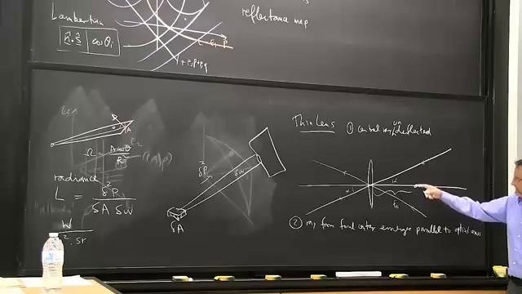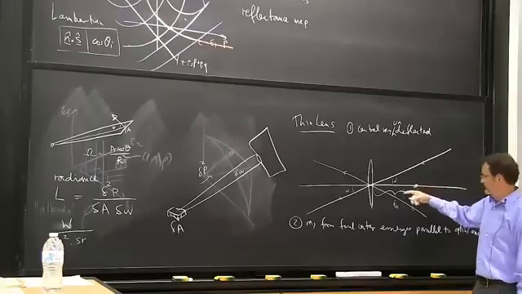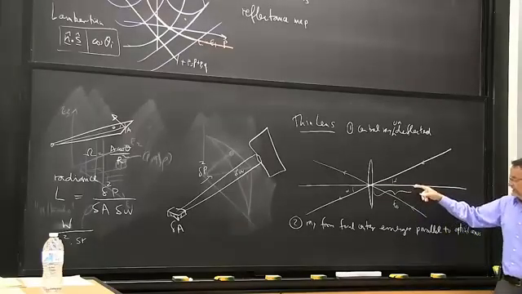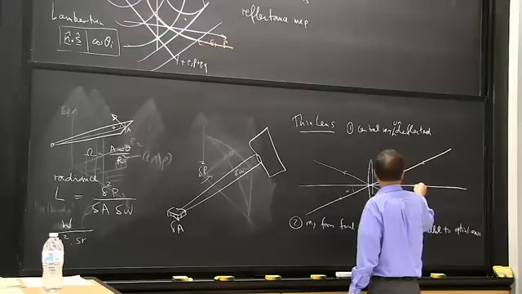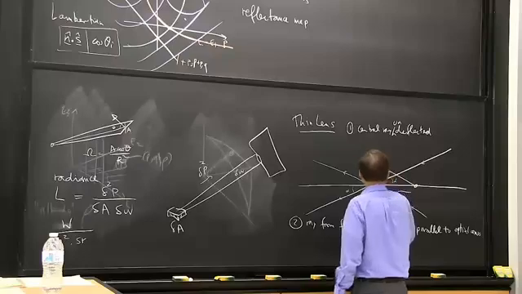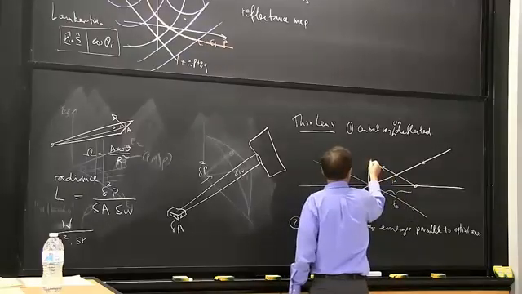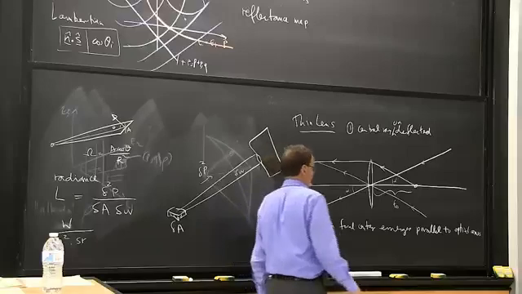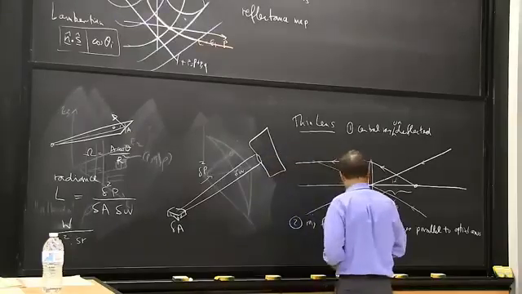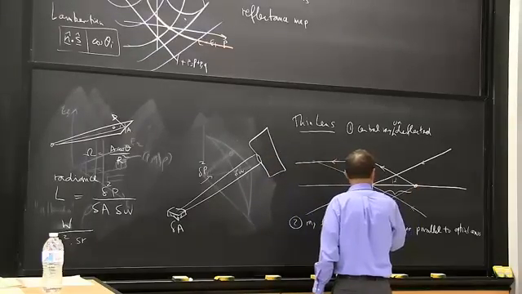So I can define a point here that's one focal length away from the lens. And what this rule is saying is that if I take any ray coming from that focal center and I see what it does after it comes through the lens, it's going to be parallel to the optical axis. And again, of course, not just that ray, but any ray.